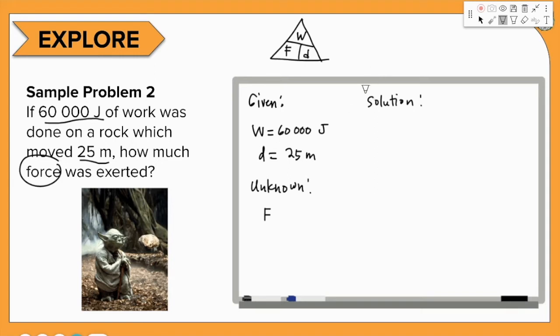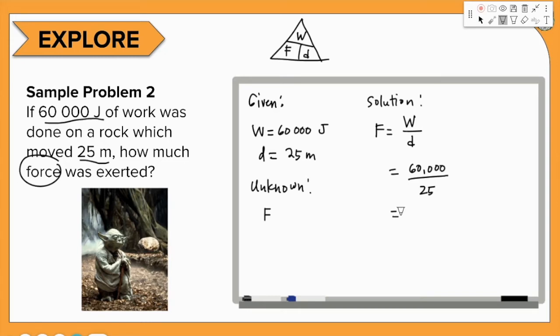So if we're looking for force, then by looking at the pyramid, the formula would be work divided by distance, or displacement. So this would just be 60,000, I can write the unit or not, divided by 25 meters.